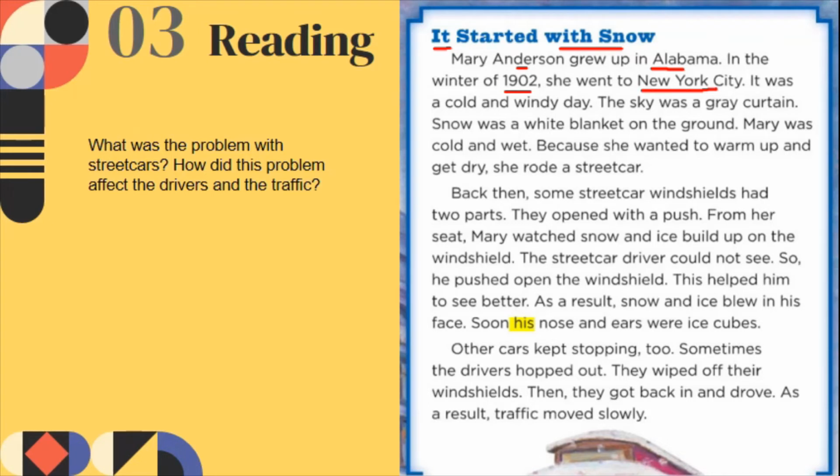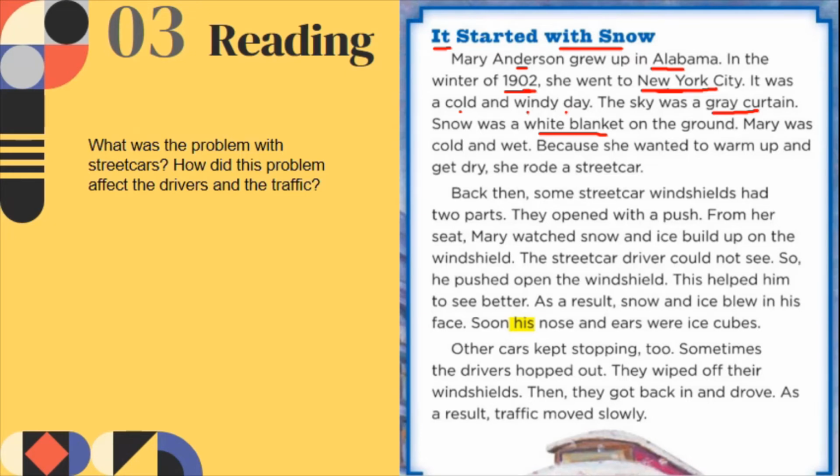So this story happened in winter 1902. This is the time, and the place is New York City. It was a cold and windy day. The sky was a gray curtain. Snow was a white blanket on the ground. Mary was cold and wet.